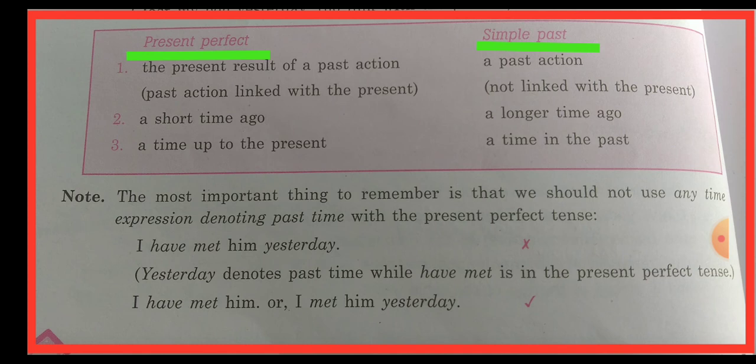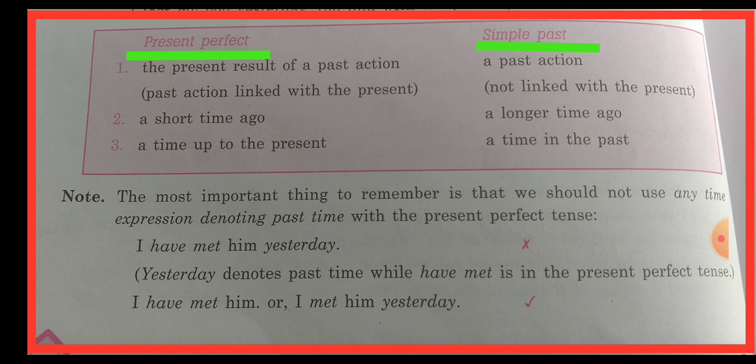Like, I have met him yesterday. This is an absolutely wrong sentence because yesterday denotes past time while have met is in present perfect tense. So this sentence can be written in two ways. Either you can write I have met him, means the action is completed and has connection with present, or you can write I met him yesterday by using simple past tense.